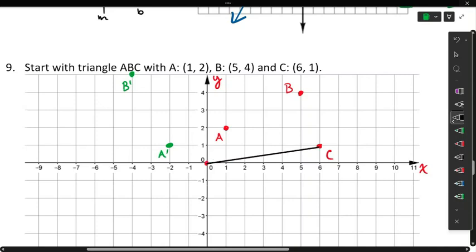Well, in order to be 90 degrees from that, to make a right angle, this is the slope I need. I need a slope of -1/6.